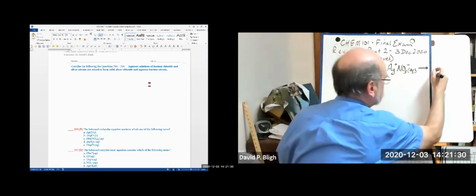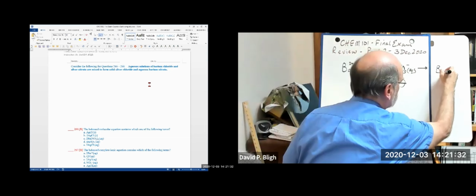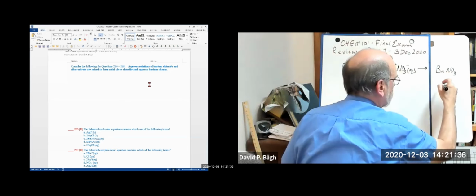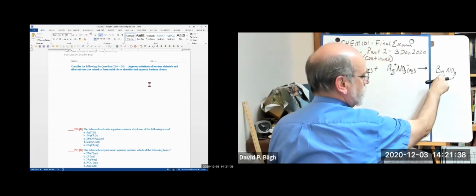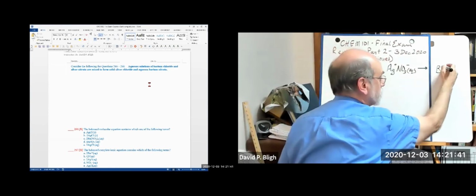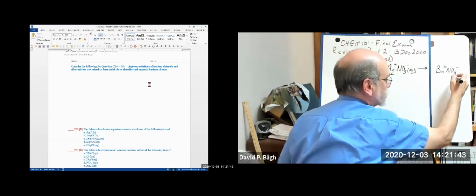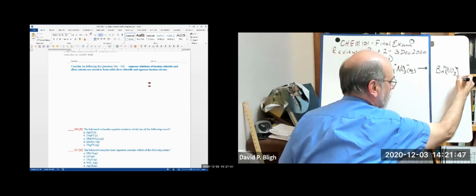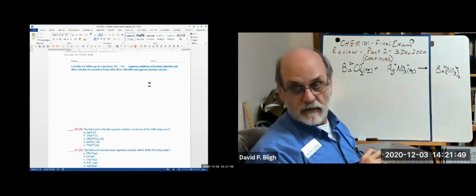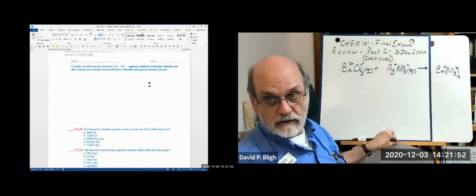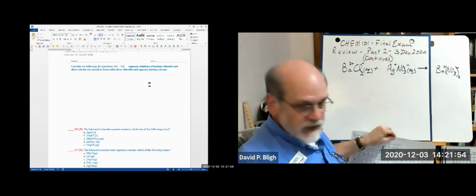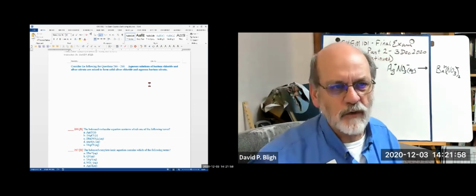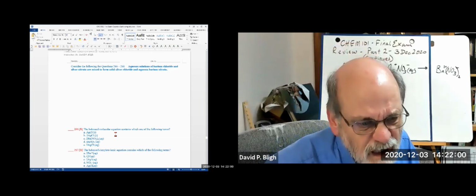So we have barium nitrate. This is a 2+ charge, and that's a 1-. So that means we need 2 of those. Now, is it aqueous? That's the question. You have to look at the back of the document. Let's see, what page am I on? 69.